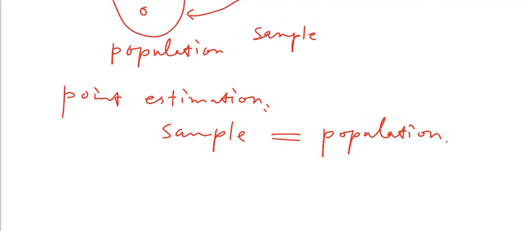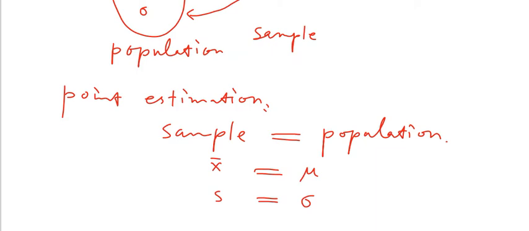So from the sample we have x bar, the sample mean, and we just let it equal the population mean. And from the sample we have the sample standard deviation s, and we let this equal the population standard deviation sigma. Okay, so those are point estimation.